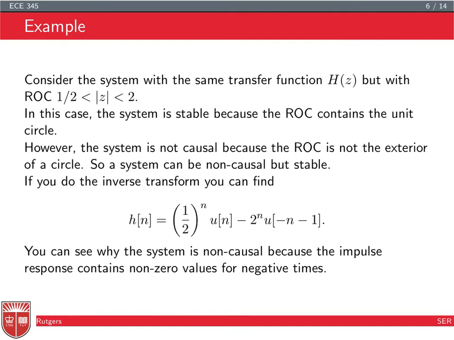Now let us consider the same system, meaning the same H of z which we just saw, but let's change its ROC to be the norm of z between 1/2 and 2. Let me draw it on this side here.